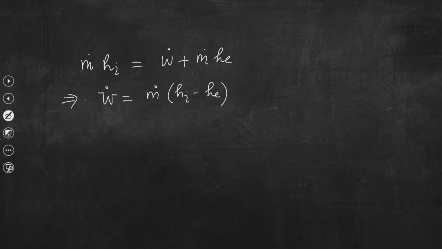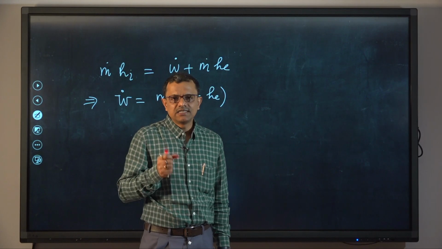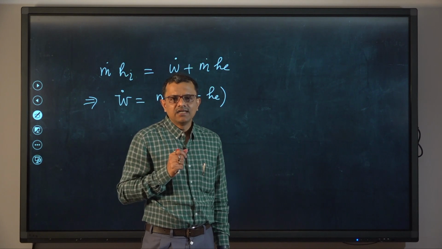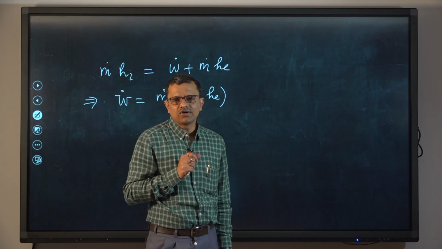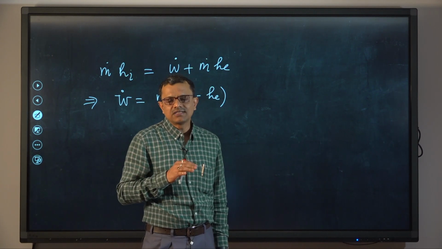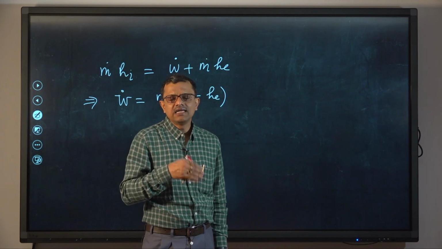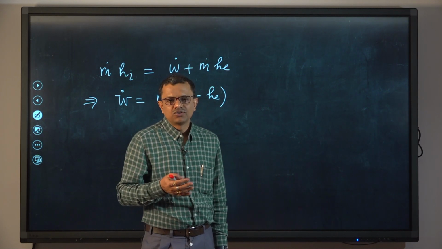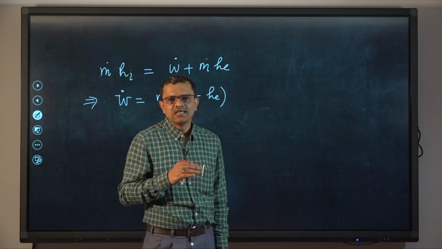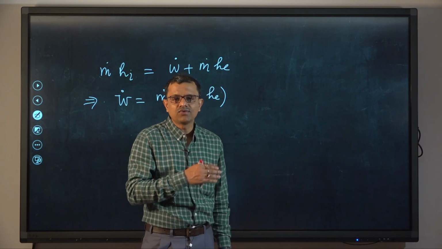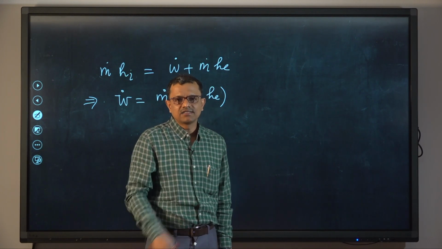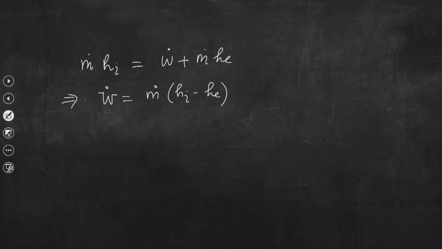So, that is the work which is needed to run the compressor. Mind it, typically in thermodynamics the convention is that heat added to the system is positive and work done by the system is positive. So, the work which we need to supply to the control volume should be m dot into (He minus Hi), because this is negative work.